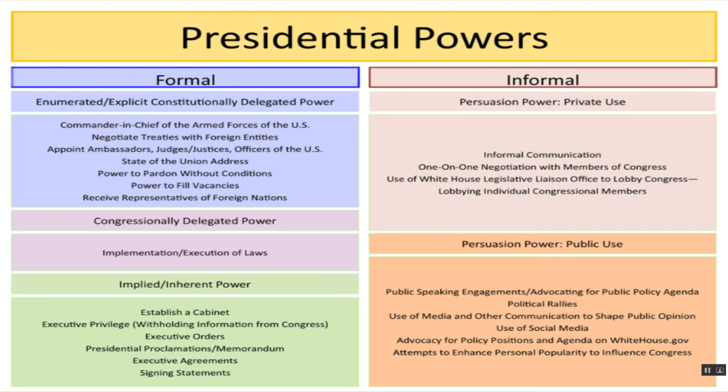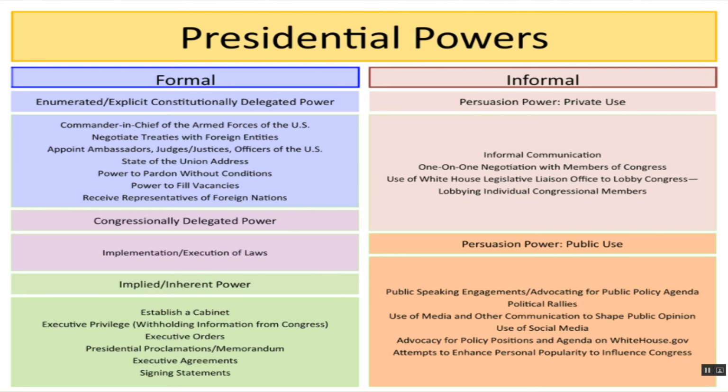First, we have the formal powers of the president. These are sometimes called the enumerated, explicit, or delegated powers, but whatever you call them, the formal powers of the president are the formal legal powers of the president, which are expressly written into law in the Constitution or by statutes.